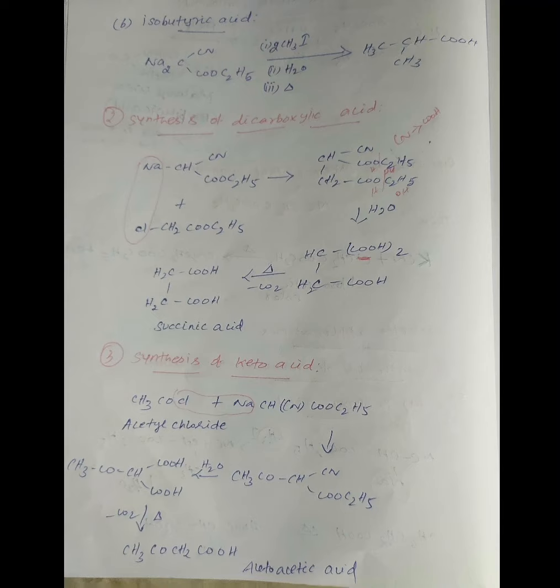So you get CH3CO, CN, CH, COOC2H5. This is the usual reaction. It undergoes hydrolysis followed by heating to get acetoacetic acid. Here there is a keto group, a CO group, and an acid group, so this is a keto acid. Acetoacetic acid is formed as the product.